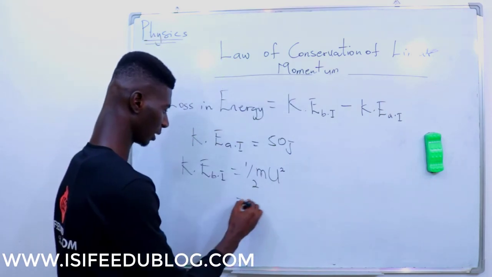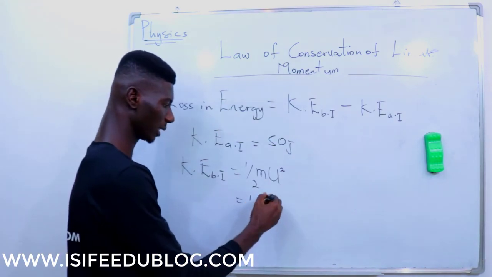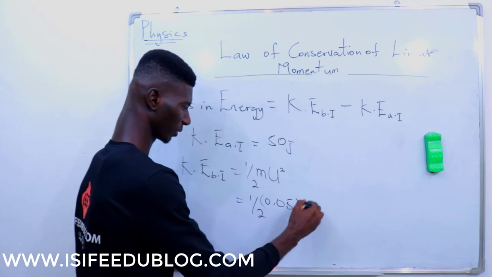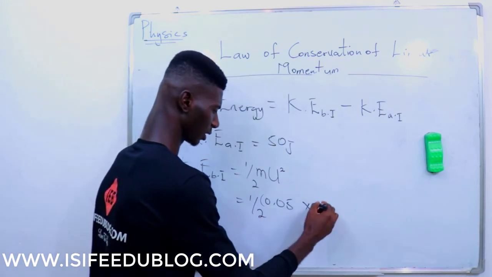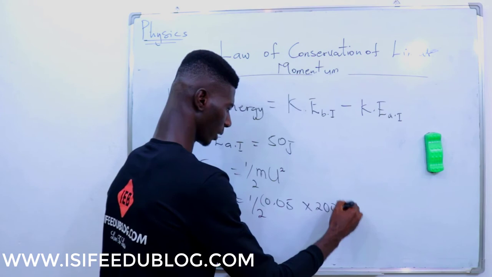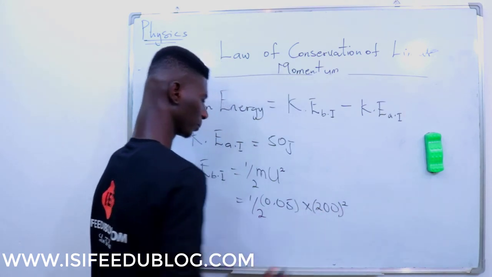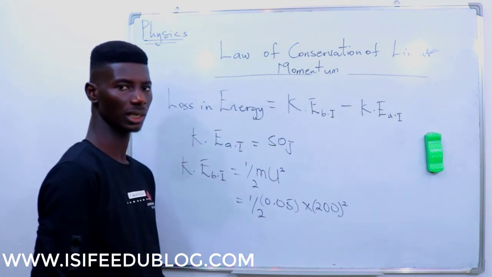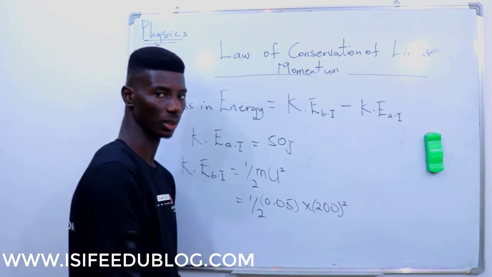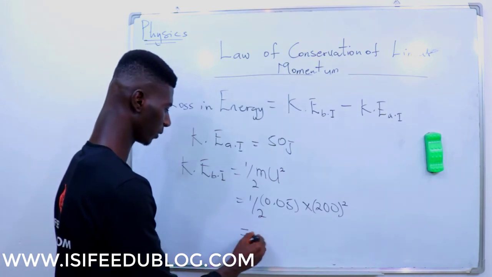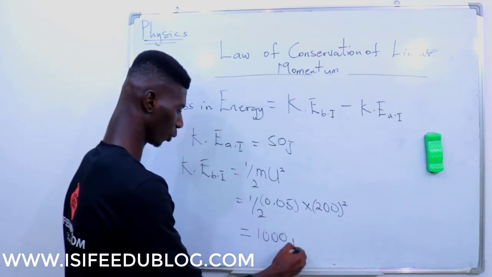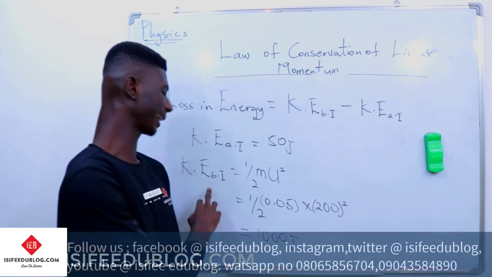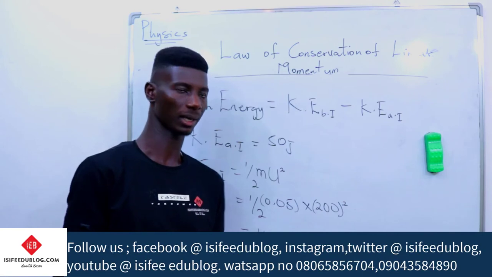So what we have here now is half, the mass of the bullet in kilograms is 0.05, times 200 all squared. So let's multiply this with our calculator and see what we have. When you multiply this and divide by 2, what you have is 1000 joules. So this is the kinetic energy before the impact.